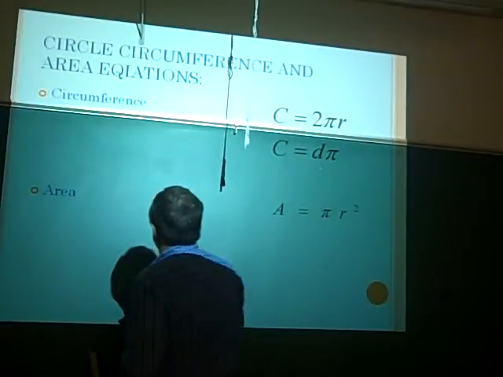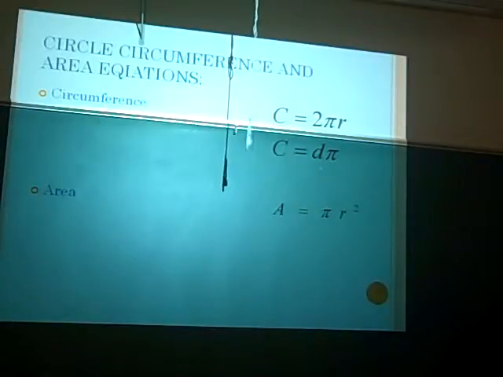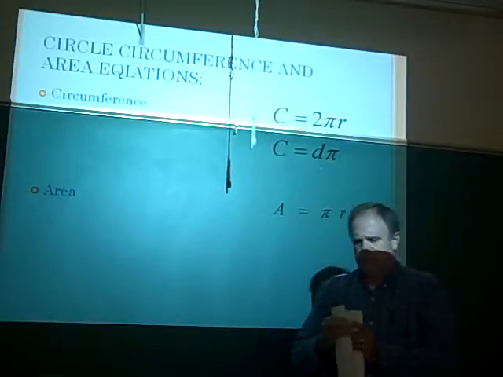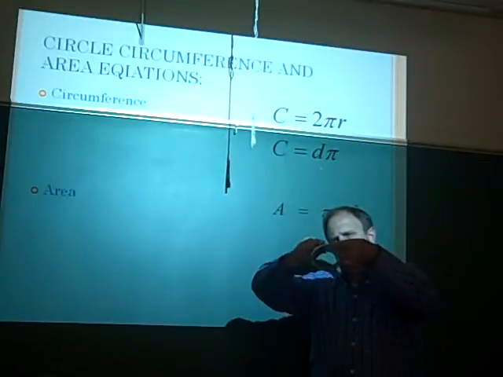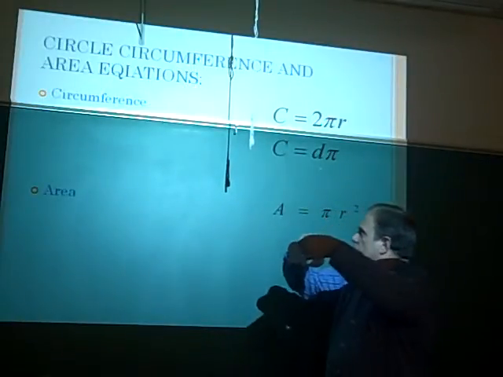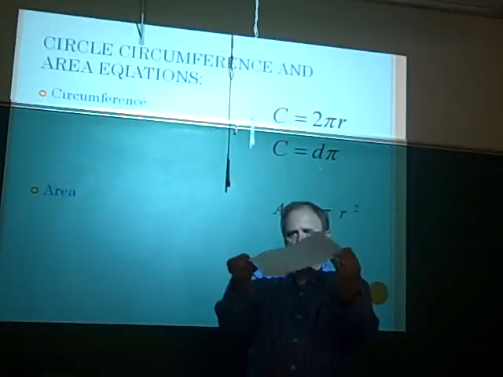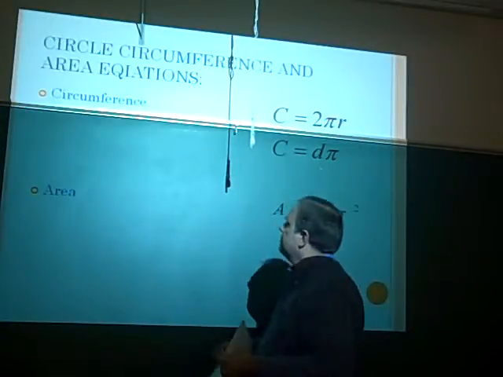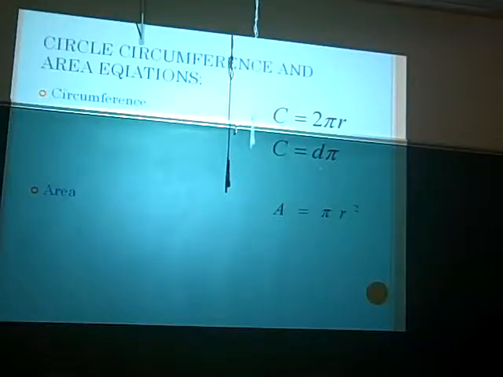Now if we were to take that circle like a piece of paper, in the shape of a circle, and we cut a piece of it and flatten it out, that would be our circumference. It's basically like the perimeter of a circle.